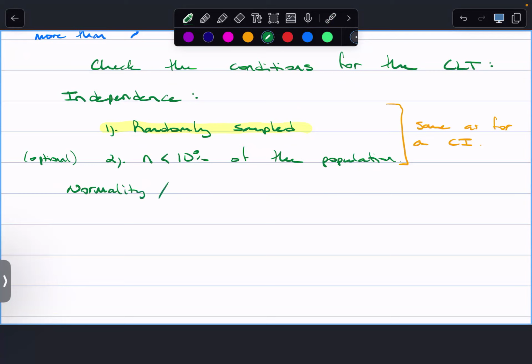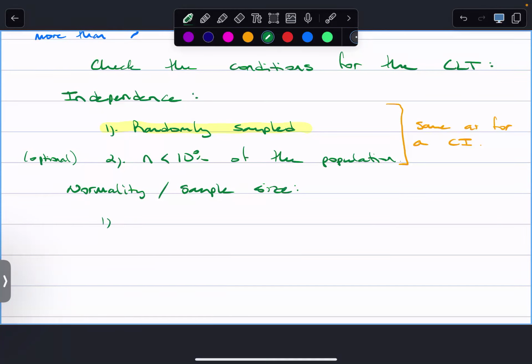The normality condition, or the sample size condition, whichever you'd like to call it. For a confidence interval, we had to have at least 10 observed successes and at least 10 observed failures. For a hypothesis test, it's slightly different because now I have this hypothesized proportion that I'm trying to capture.